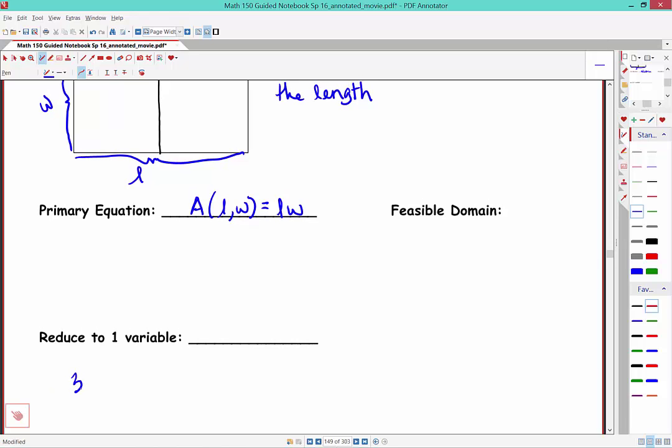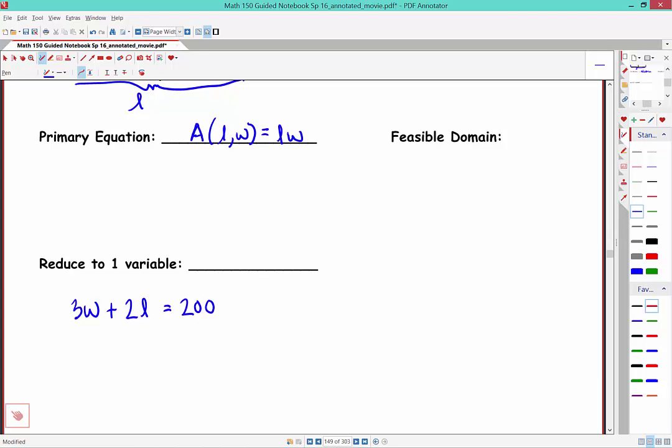We have 3 W's. How many L's? Beautiful. 2 L's. And that's got to equal 200. So you decide which one you prefer to isolate. I'll go ahead and isolate L. So we get 2L is 200 minus 3W. And then we'll get L is 100 minus 3 halves W when we divide everything by 2.